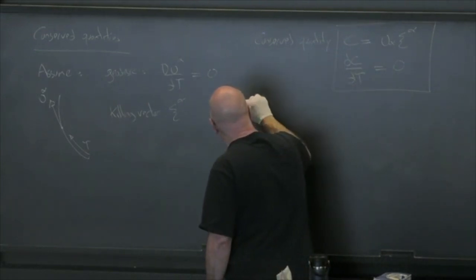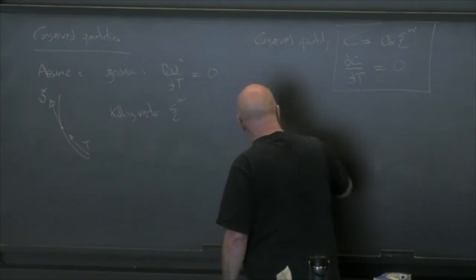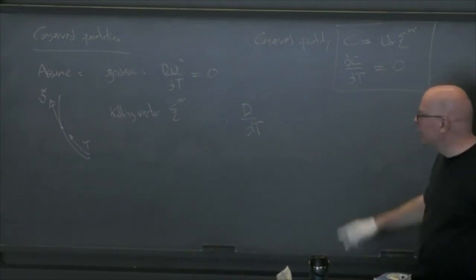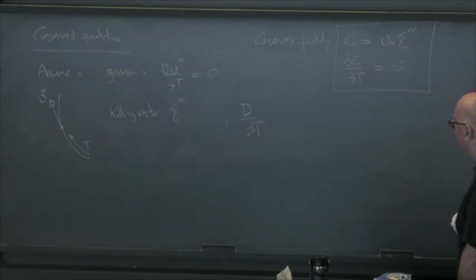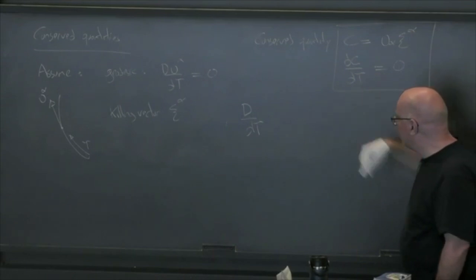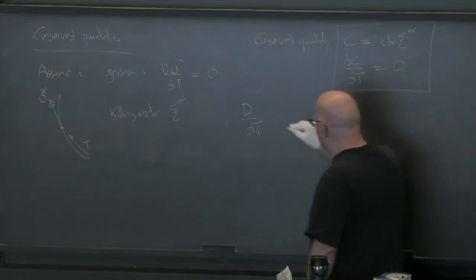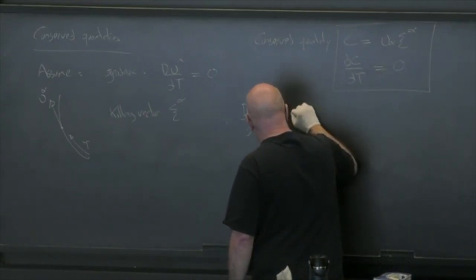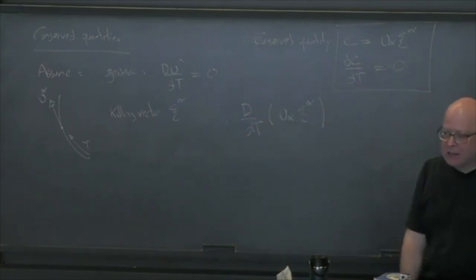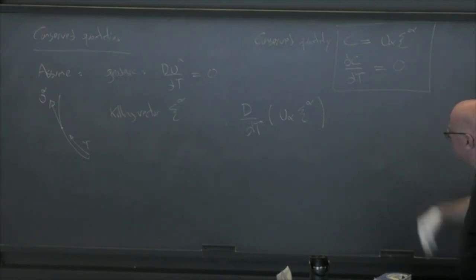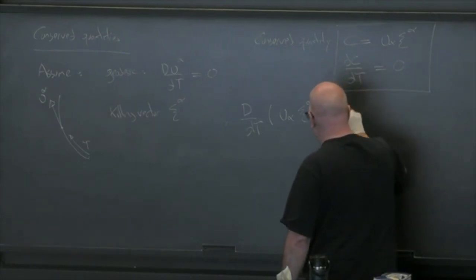I'm going to rewrite the statement in terms of the covariant derivative, because we're dealing with a scalar quantity, so there's no distinction between ordinary derivative and covariant derivative. And I'll just plug in what I mean by C. So it's just that, and I'm going to just evaluate this derivative. So we have a product.